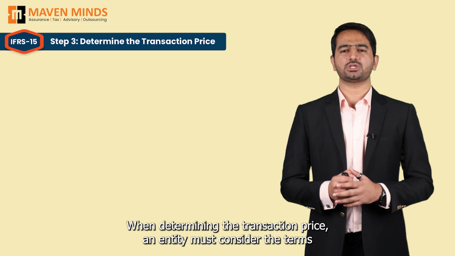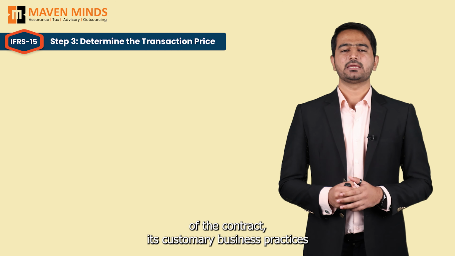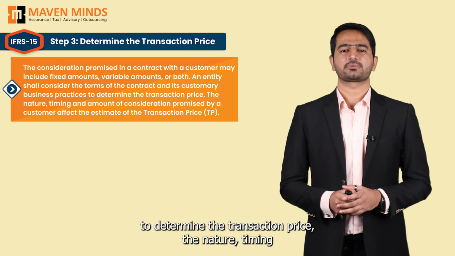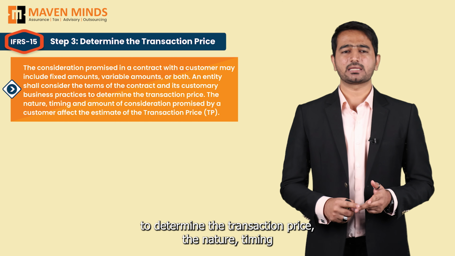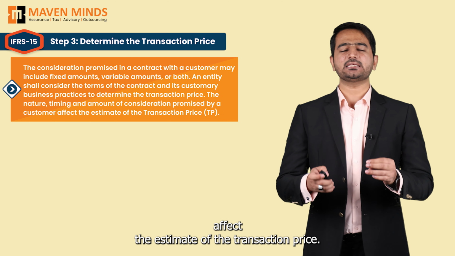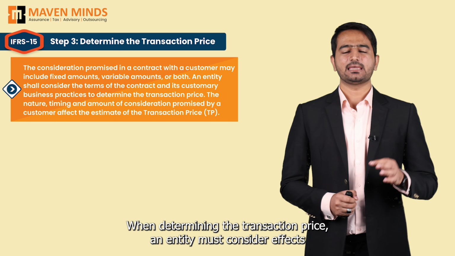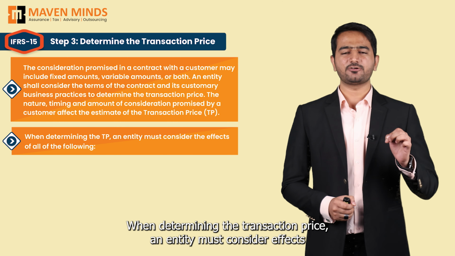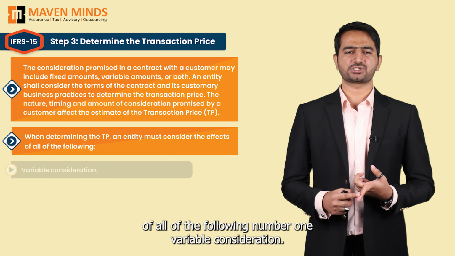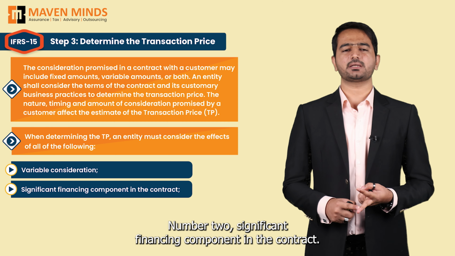When determining the transaction price, an entity must consider the terms of the contract and its customary business practices. The nature, timing and the amount of consideration promised by the customer affect the estimate of the transaction price. When determining the transaction price, an entity must consider the effects of all of the following. Number 1, variable consideration. Number 2, significant financing component in the contract.